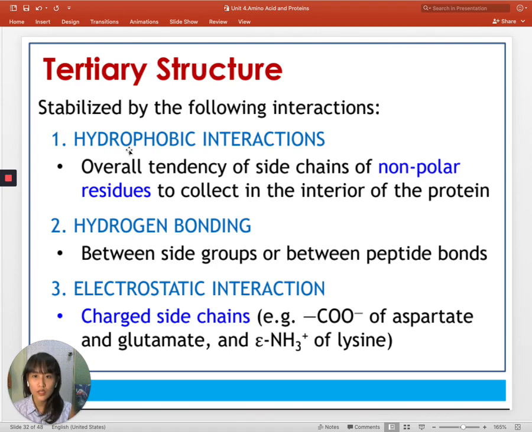So the first one is that hydrophobic interactions occur in the tertiary structure. There is an overall tendency of side chains of nonpolar residues to collect in the interior of the protein. There is also a hydrogen bonding between side groups or between peptide bonds. There is also an electrostatic interaction between charged side chains.